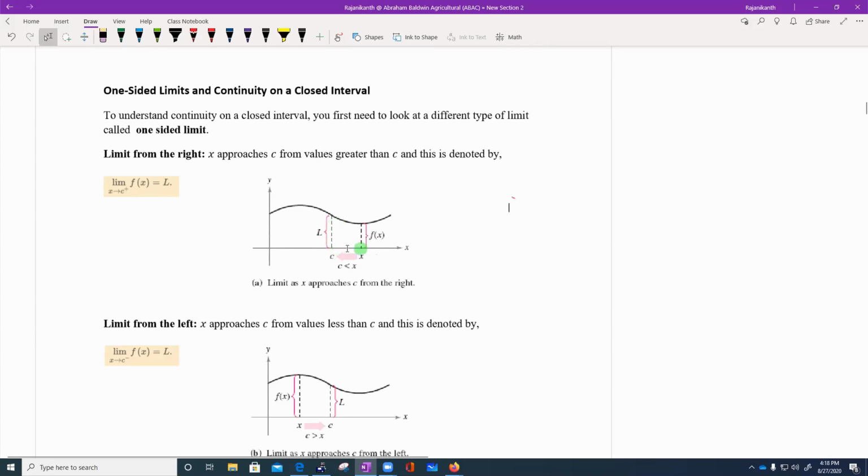If you approach from the right side, then we say it is the one-sided limit, the right limit. That means x approaches c in the positive direction, so you have to put the positive sign. If you see negative, that means we approach the function from the left side. That makes sense?